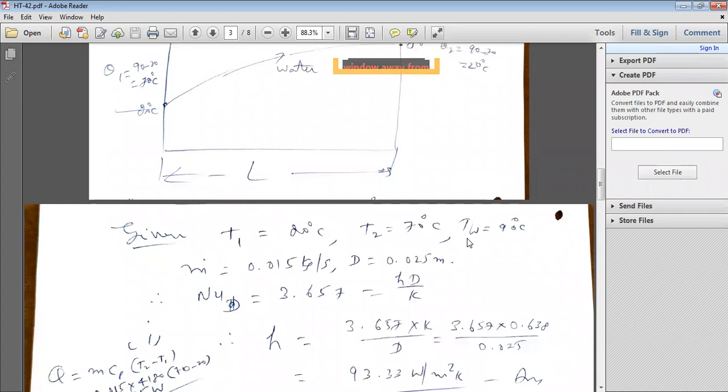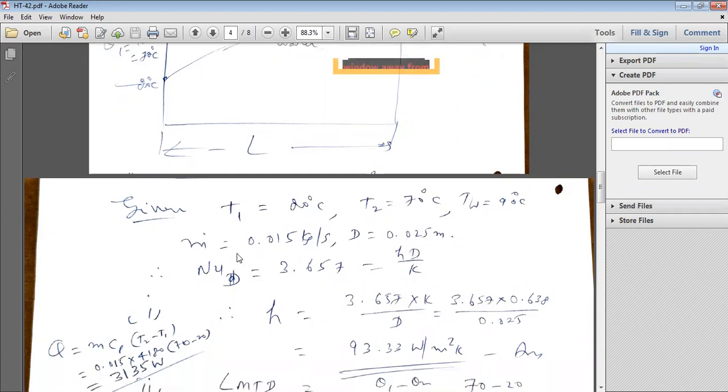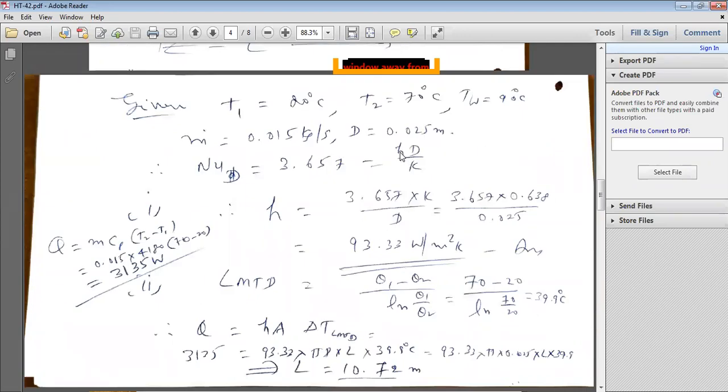That's why here the initial temperature of water is 20 degrees, final temperature of water 70 degrees, wall temperature 90 degrees, mass flow rate m dot 0.015 kg per second, diameter of the pipe 0.025 meters. Nusselt number for the given diameter D is 3.657. But how do you calculate Nusselt number? hD by k. So from this you can calculate the heat transfer coefficient h.